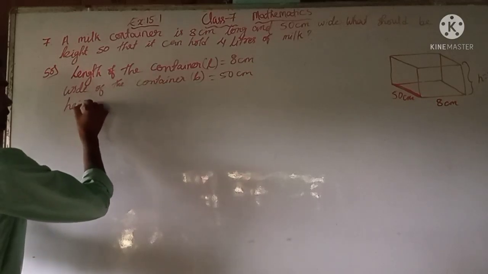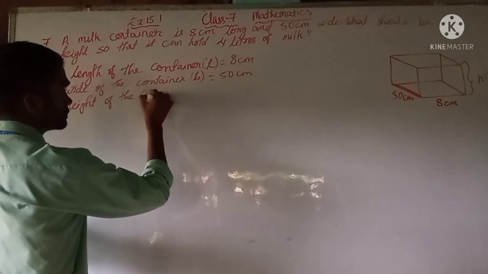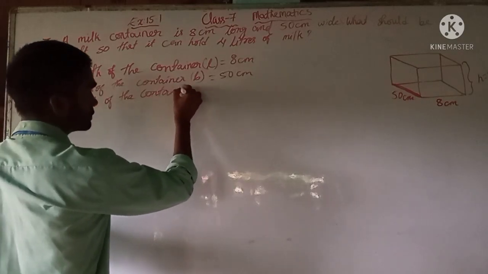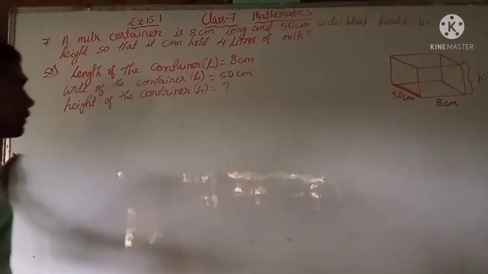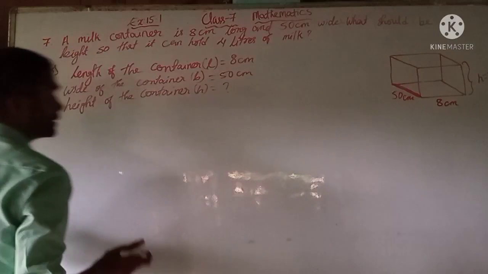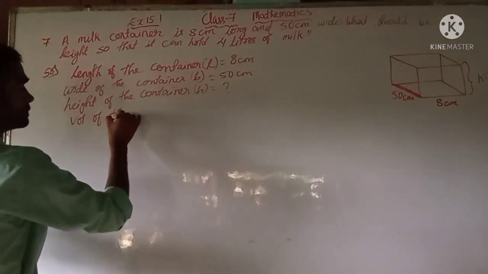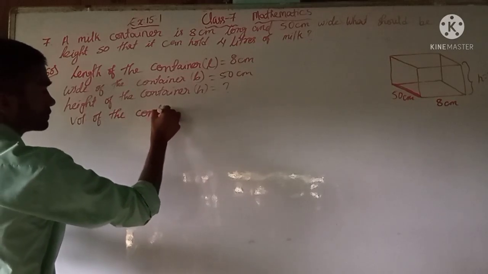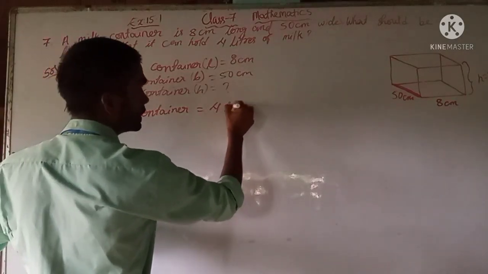So height of the container, H we need to find, that we don't know. Now again it is given that it can hold 4 liters of milk. So volume of the container is equal to 4 liters.